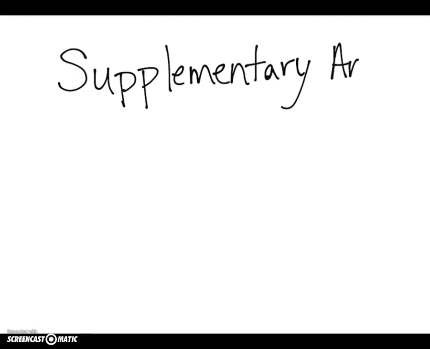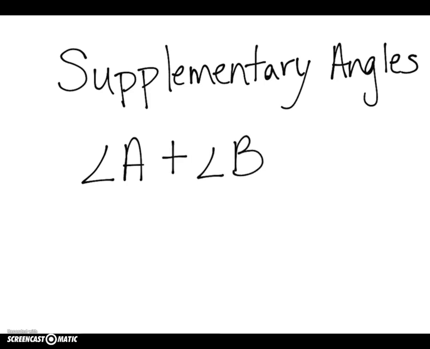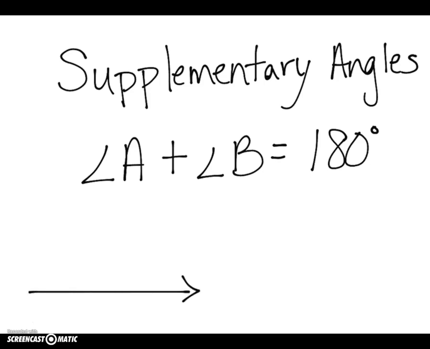Supplementary angles are going to add up to 180 degrees. So angle A plus angle B is going to equal 180 degrees. If we were to draw this out in a picture, I'm going to give you two pictures for this one. The first one would be a linear pair, because they are always supplementary. I might have a 70 degree angle over here and a 110 degree angle over here, and that would be supplementary angles.